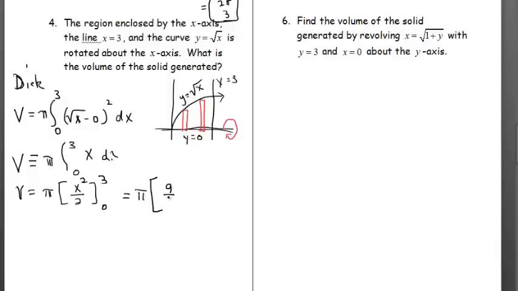We're going to get 9 halves minus 0 over 2. So pi times 9 halves, 9 pi over 2. I'm going to box it like it's there.